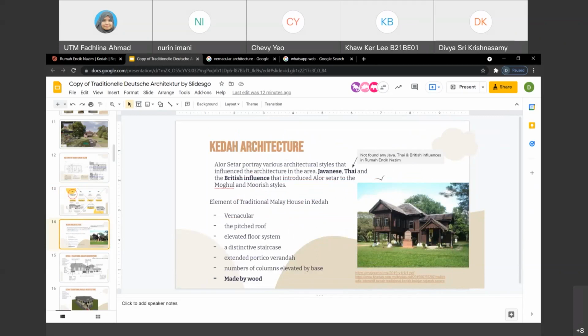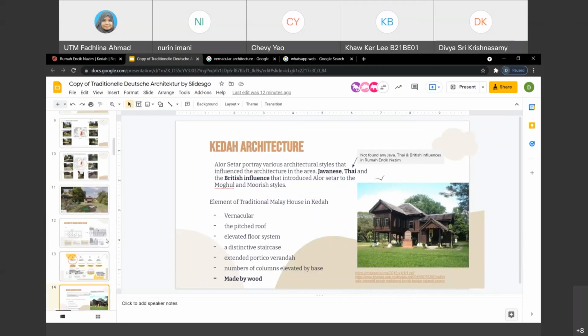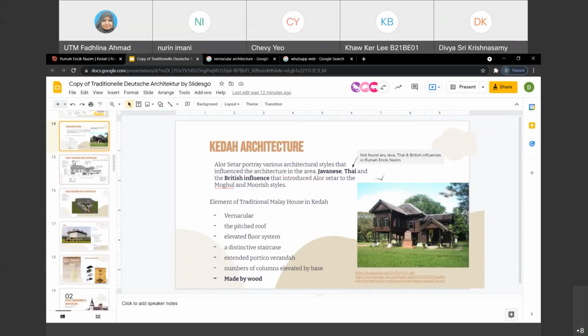Thank you. So I made some research on Kedah architecture, but not much information could be found. Besides the Kedah traditional Malay house style, the other styles also include Japanese, Thai, and British. But those elements I didn't find in this current house.